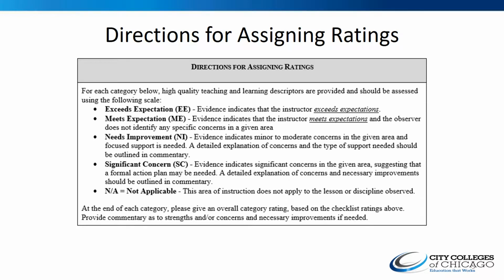Again, if there is a need improvement or significant concern, please ensure that you have specific commentary provided in writing of the focus area of concern and what supports are needed in order to outline potential improvements to support learning and teaching. Lastly, not applicable. For this particular section, if you find it to be not applicable, that would then deem this area of instruction does not apply to the lesson or the discipline being observed.